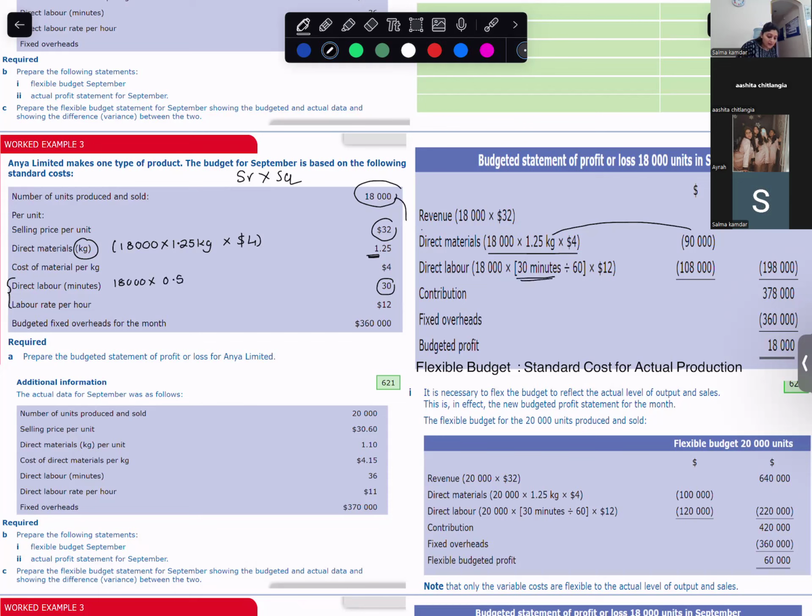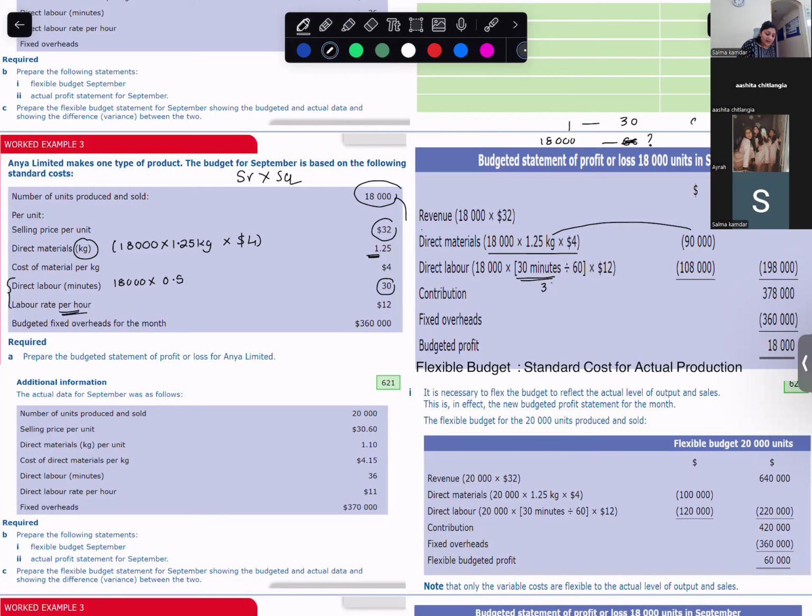Alternatively, you can do it in minutes: 18,000 into 30 minutes, divided by 60 to get hours, because you have the labor rate per hour.